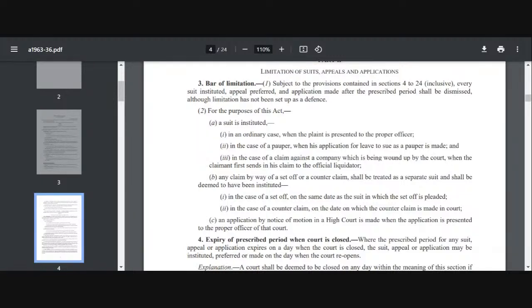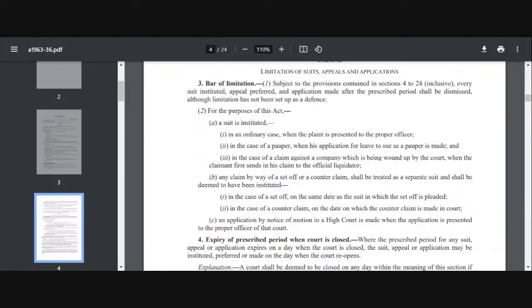In case of set off, on the same date as the suit in which set off is pleaded. In case of counterclaim, on the date on which counterclaim is made in court. Where is set off and counterclaim in CPC, students? Do you know what is set off and what is counterclaim?